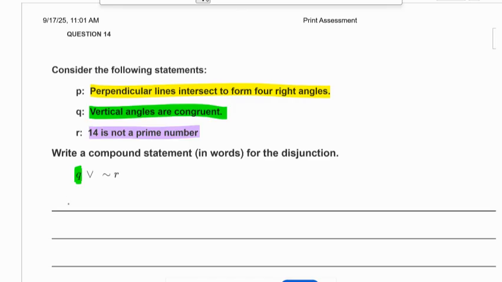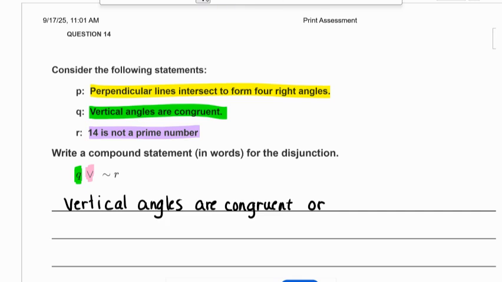So we would say vertical angles are congruent. Now we need to know that the symbol V stands for or.